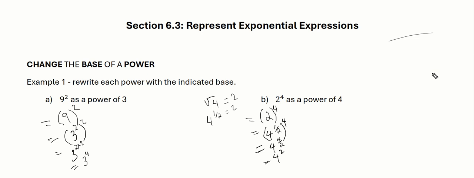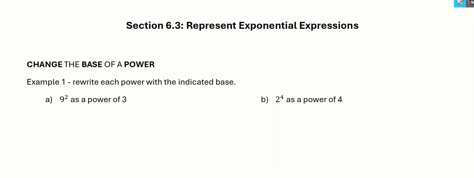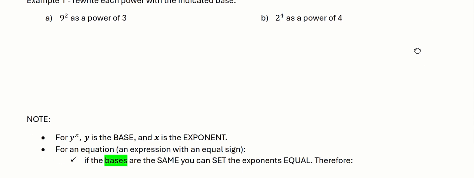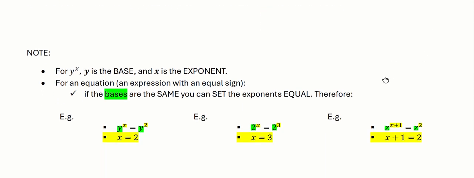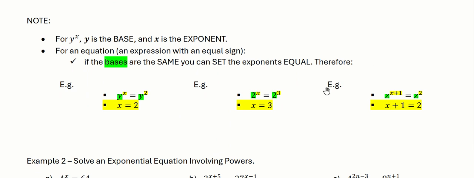Let's take a look at the next problem. So let's clear the screen, and let me just grab this. Okay, so to solve these problems, the bases have to be the exact same thing. The base is the bottom number, and that's the exponent right there.